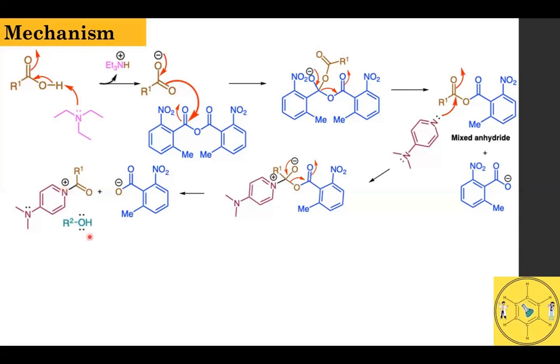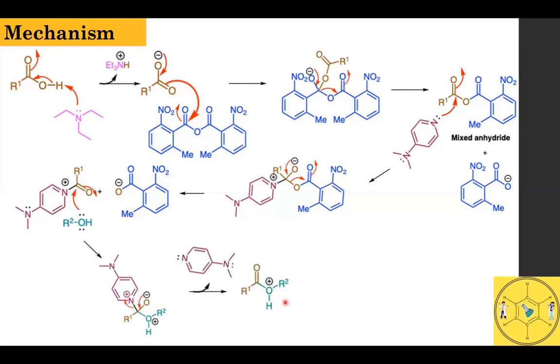Then the alcohol oxygen has two lone pairs of electrons. One of the lone pairs attacks the acylated DMAP carbonyl carbon, generating the corresponding tetrahedral intermediate, which then collapses, kicking off DMAP as a byproduct, followed by this intermediate.